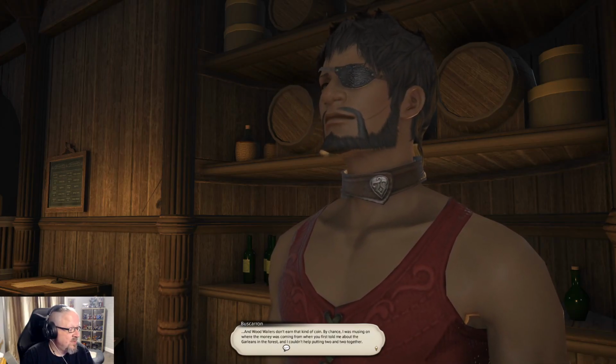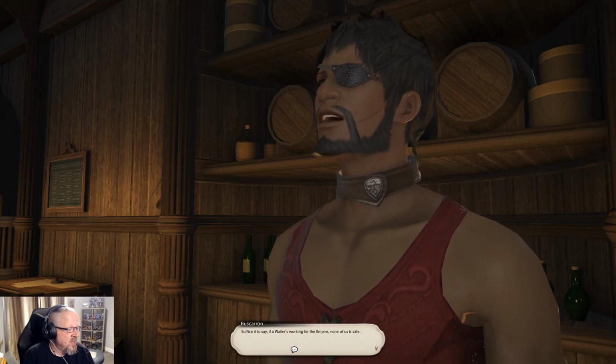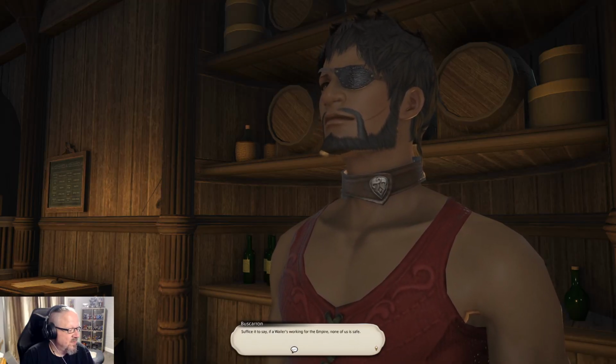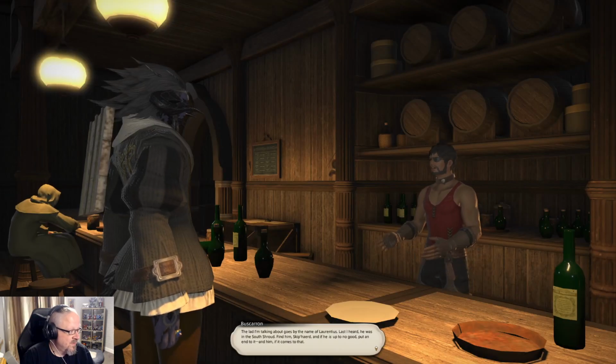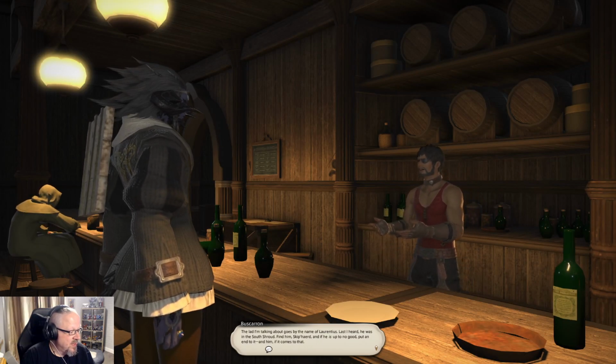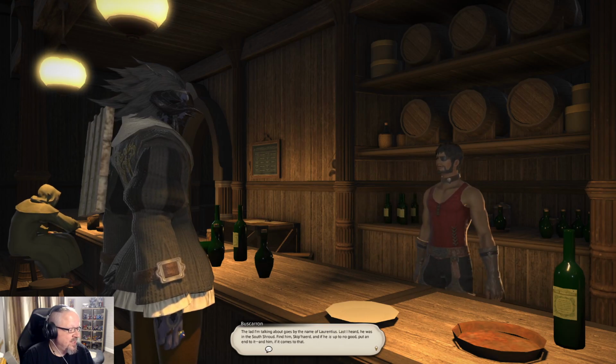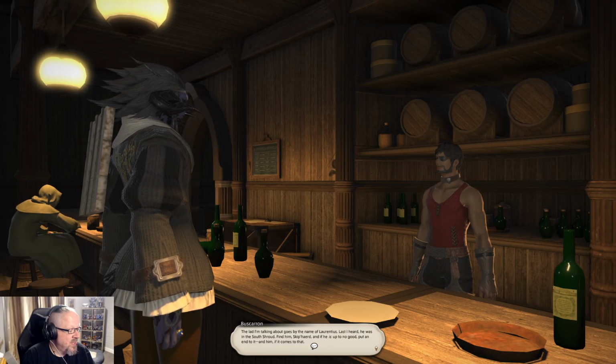By chance, I was musing on where the money was coming from when you first told me about the Garleans in the forest. I couldn't help putting two and two together. Suffice it to say, if a whaler's working for the Empire, none of us is safe. The lad I'm talking about goes by the name of Laurentius. Last I heard, he was in the South Shroud. Find him, Skipford. If he is up to no good, put an end to it. And him, if it comes to that.